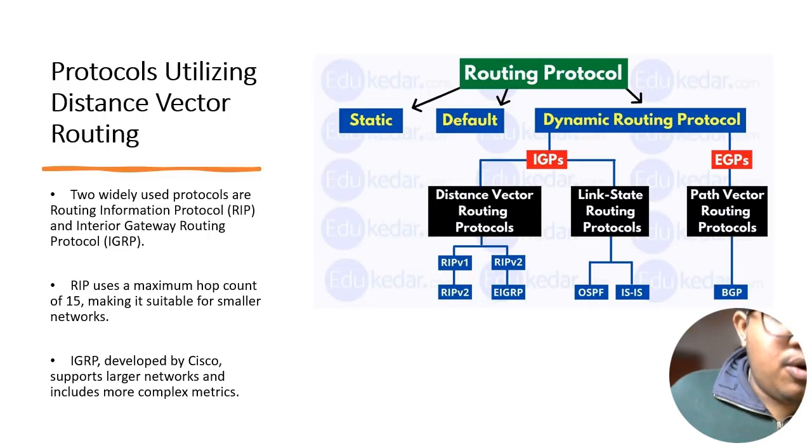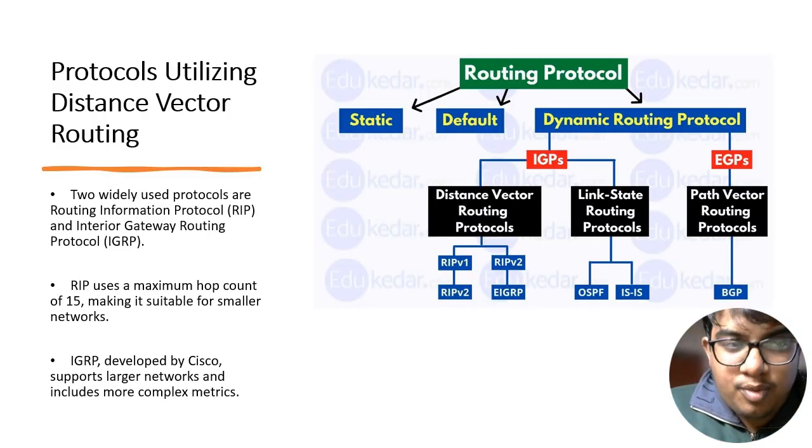So now seeing the protocols utilizing the distance vector routing. There are two widely used protocols in distance vector routing, that being the Routing Information Protocol, that is RIP, and the Interior Gateway Routing Protocol, that is IGRP.